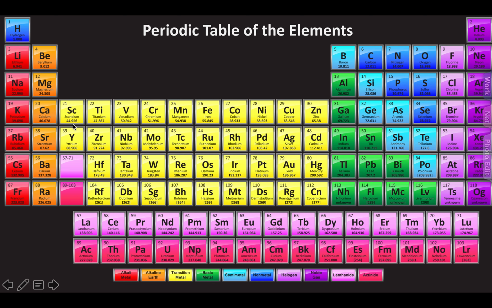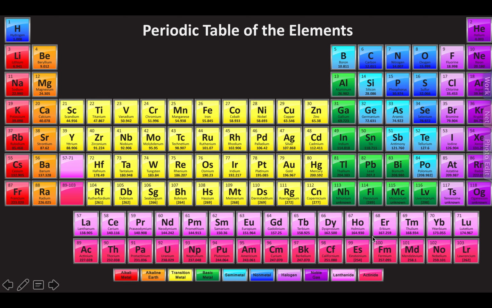The transition metals can transition to non-metallic or metallic, but these are not one of the main ones, so I didn't mention them in the PowerPoint. We have the noble gases here, which are helium, neon, argon, and the others.